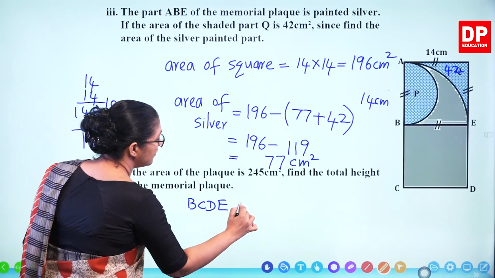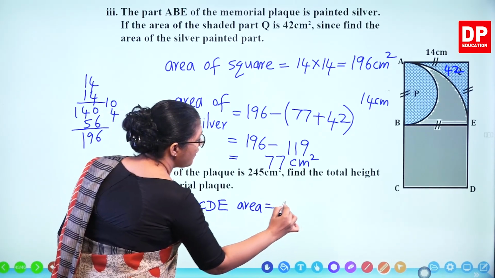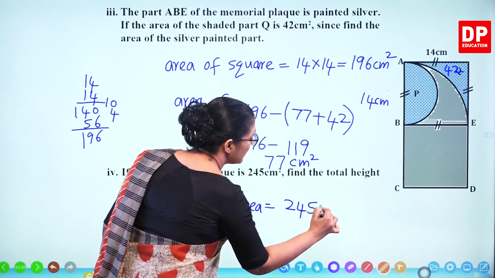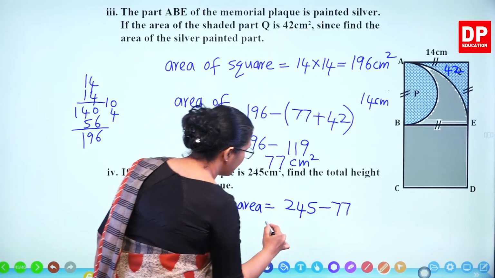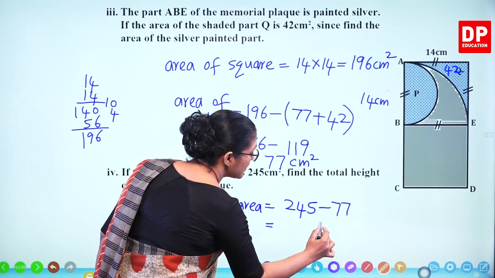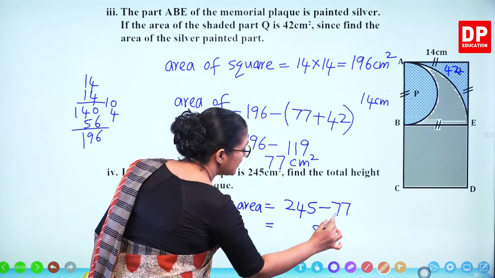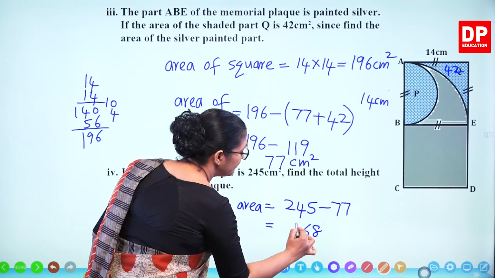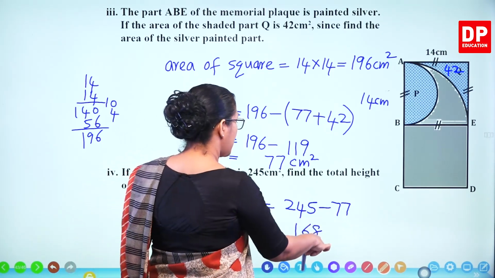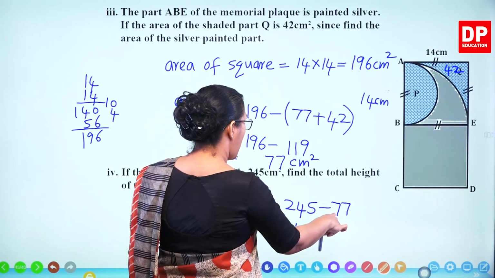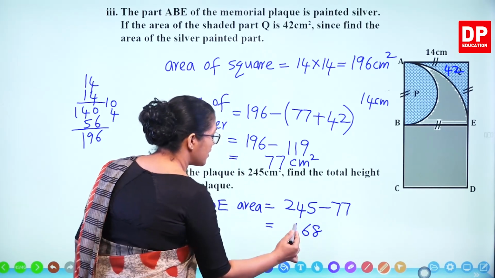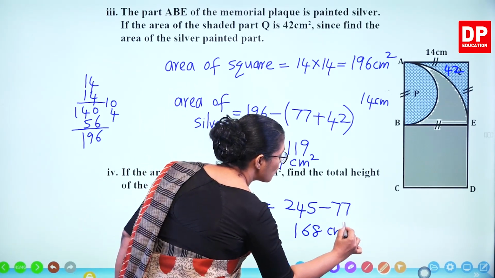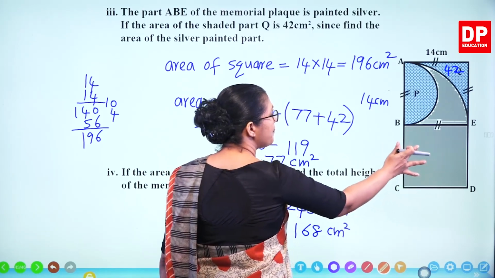So how can you find out BCDE area? 245 is the total minus 77. You get 168 square centimeters is this area.